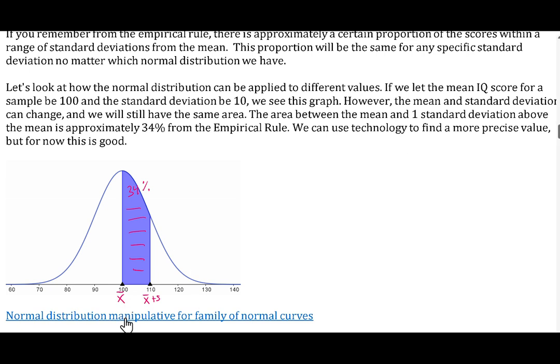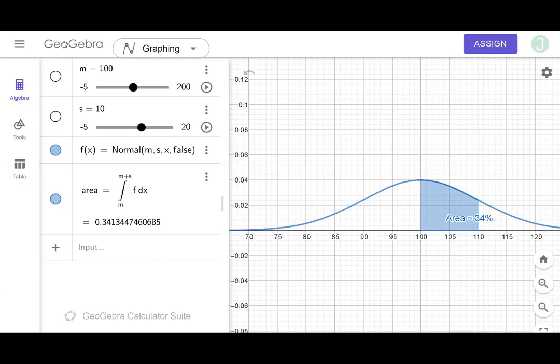If we click on the link here, we will see this area and this region. Again, this is for a mean of 100 and a standard deviation of 10. We are shading in the area that is from the mean to 1 standard deviation above the mean.